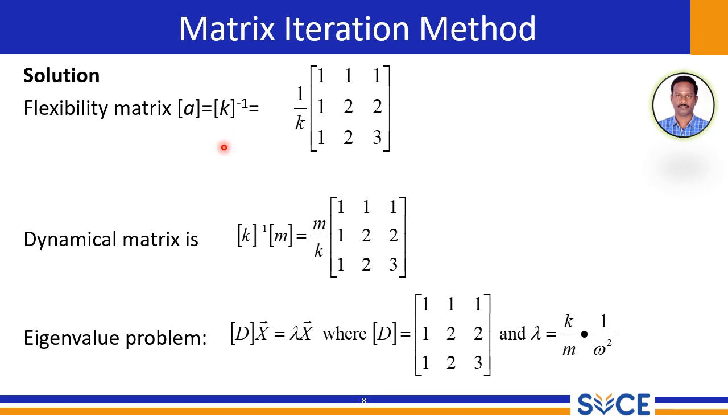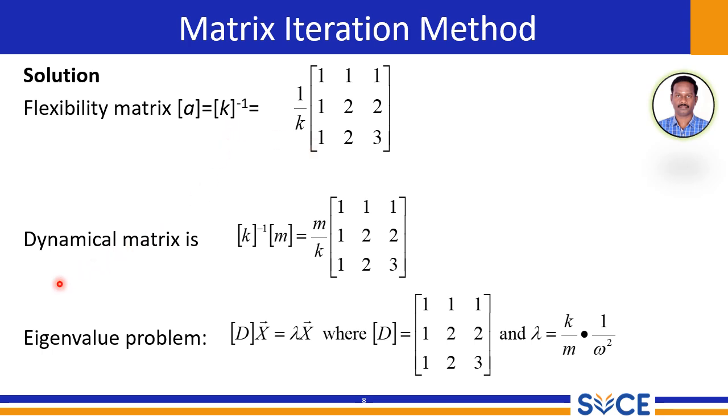For our specific system with 3 masses and given spring constants, the flexibility matrix is derived to be a 3 by 3 matrix with elements involving the inverse of the spring constant K.